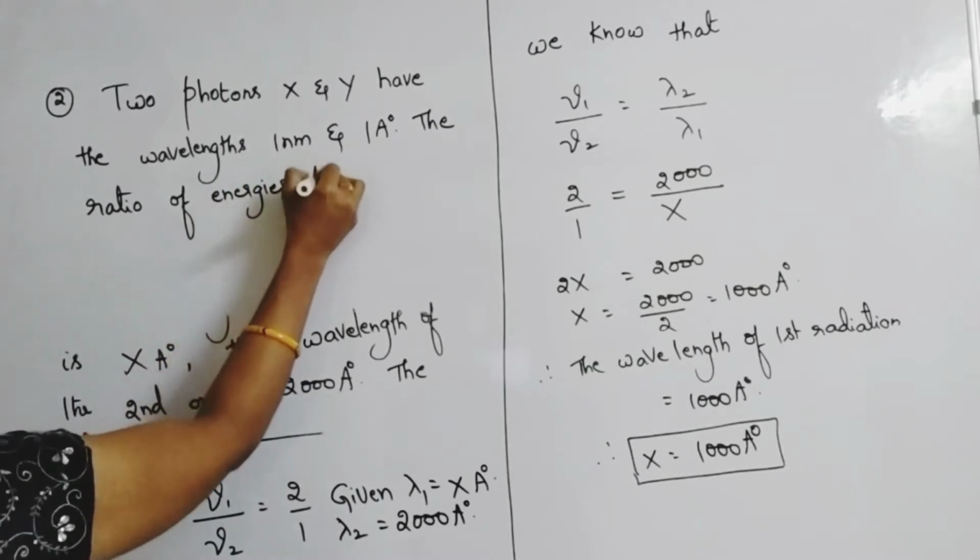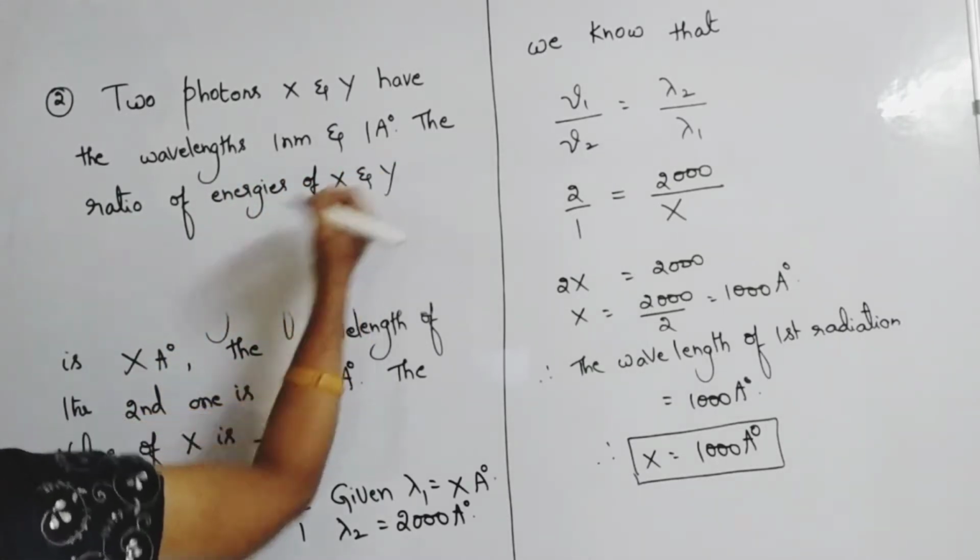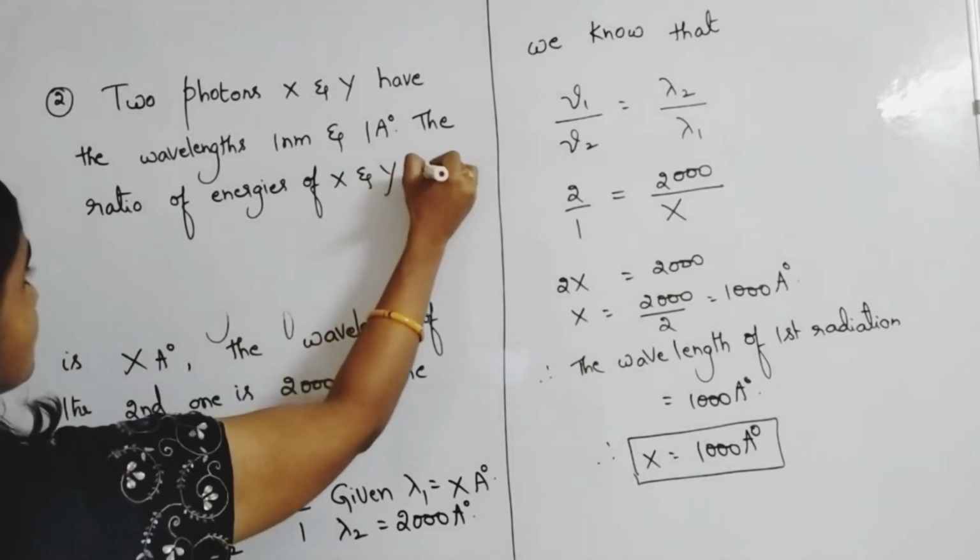The ratio of energies of X and Y is dash.